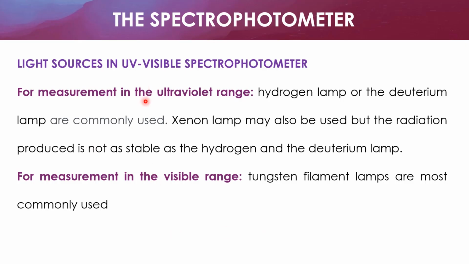For measurement in the ultraviolet range, the hydrogen lamp or the deuterium lamp are commonly used, and the xenon lamp may also be used, but the disadvantage here is that the radiation produced by the xenon lamp is not as stable as that of the hydrogen and the deuterium lamp. For measurement in the visible range, the tungsten filament lamps are most commonly used.